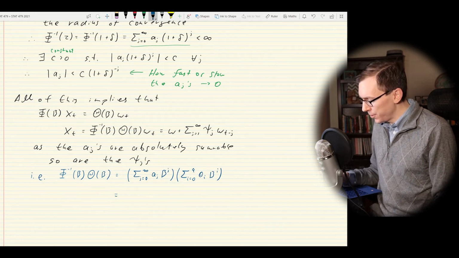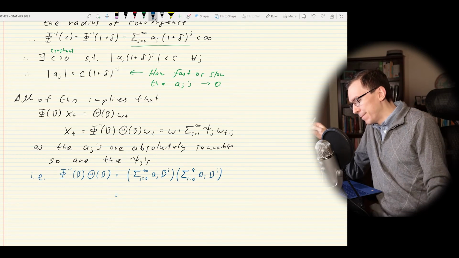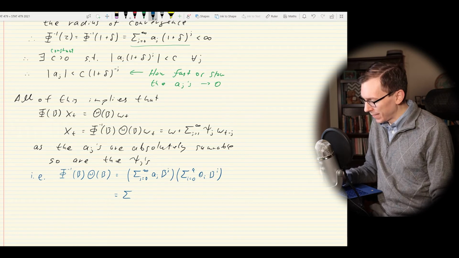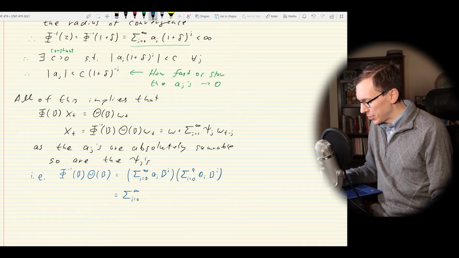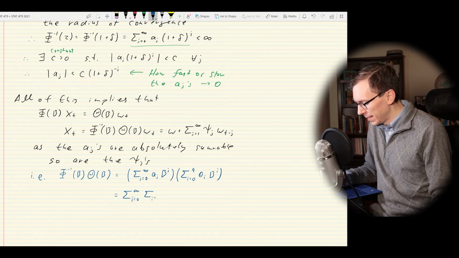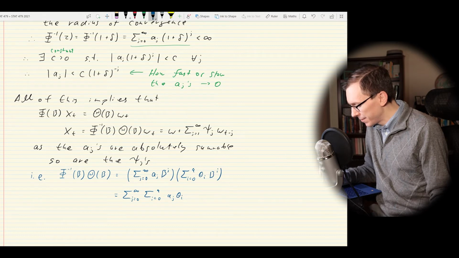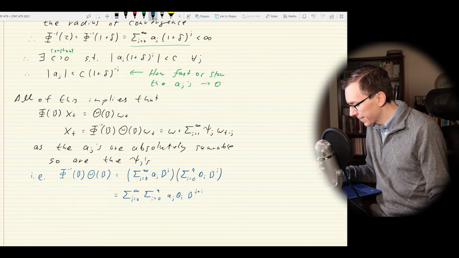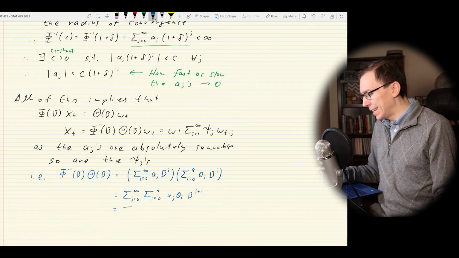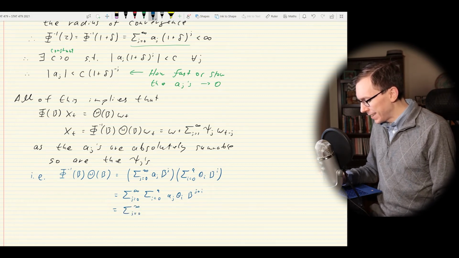So if we were to combine these together, it's going to be kind of annoying to work out what the terms are, but you're going to get some type of summation: j from 0 to infinity, i from 0 to q, with a coefficient of a_j theta_i, and then B^{j+i}.